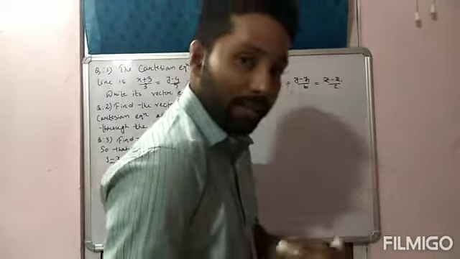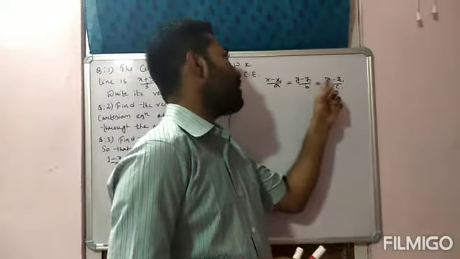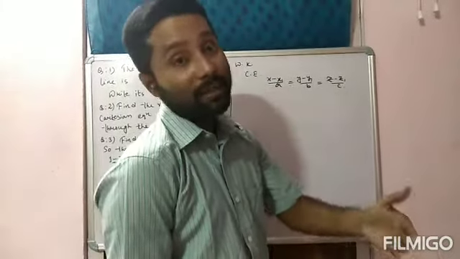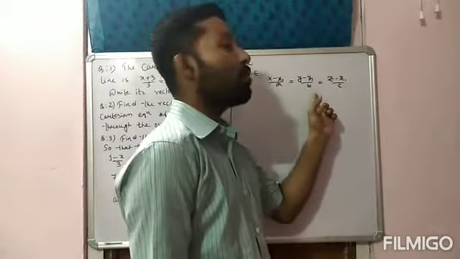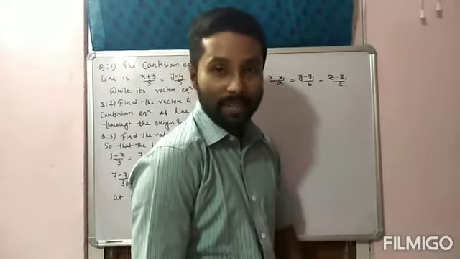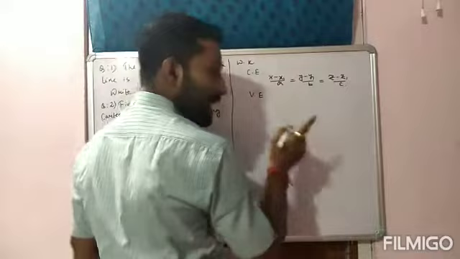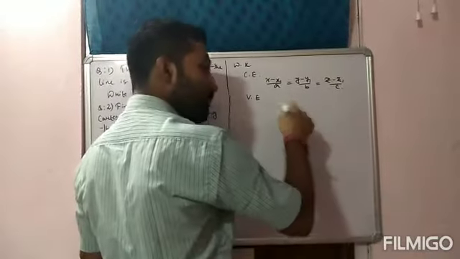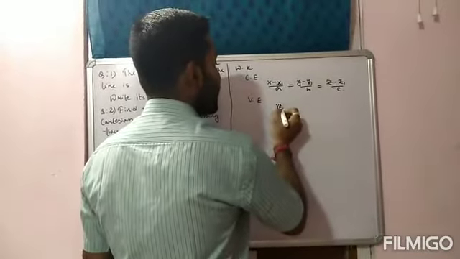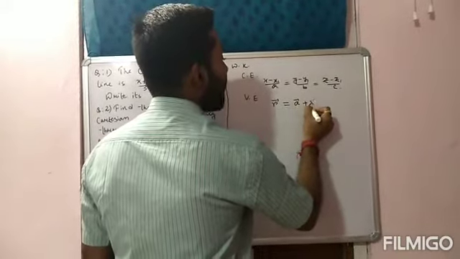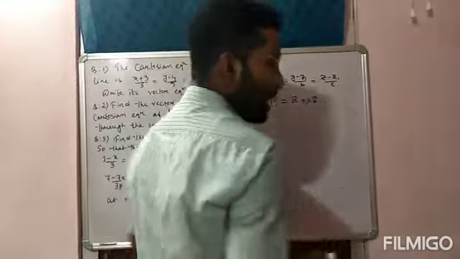Passing through a given point means here x1, y1, z1 are the coordinates, and parallel to a given vector means the direction ratios, that is a, b and c. Okay, and the vector equation of the line passing through a given point and parallel to a given vector is r bar is equal to a bar plus lambda into b bar.